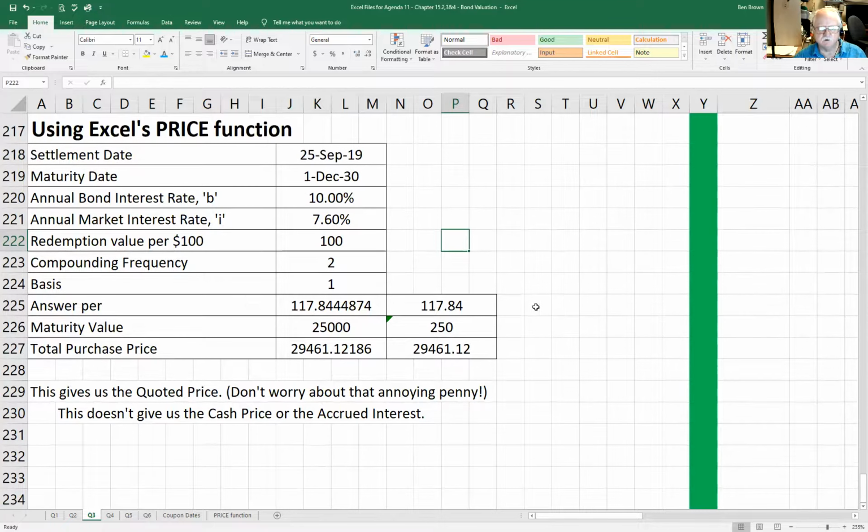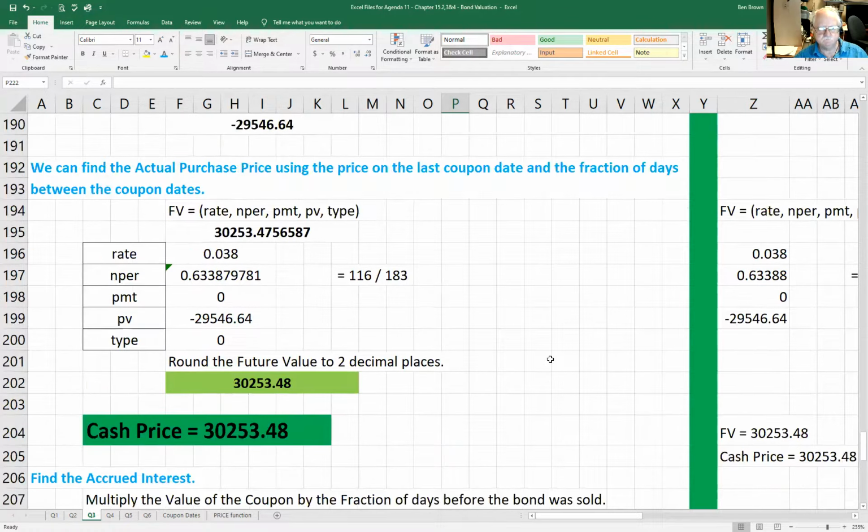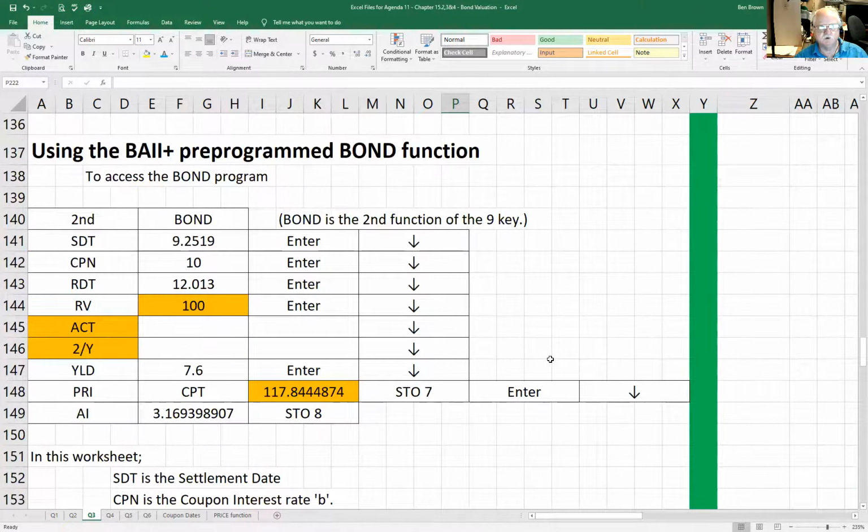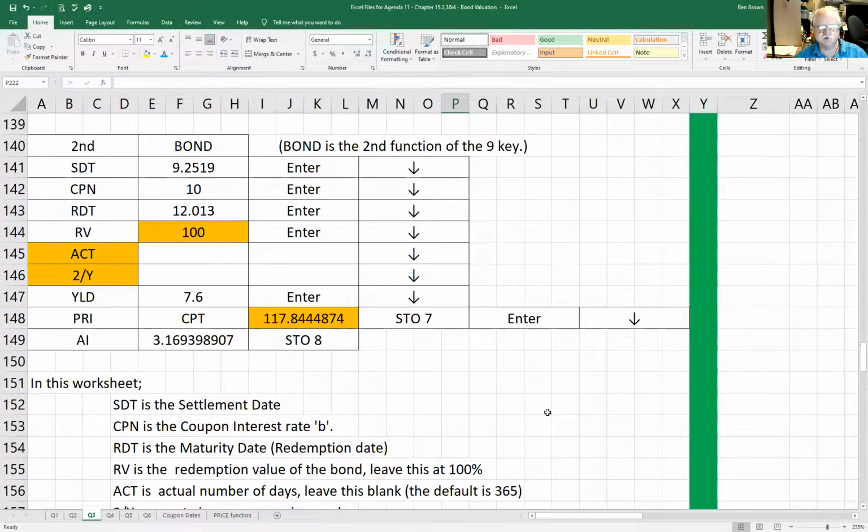So it's a bit weird that the Excel price function gives you that thing they refer to as the quoted price, whereas the function that's programmed into your BA2 Plus calculator gives you the cash price.